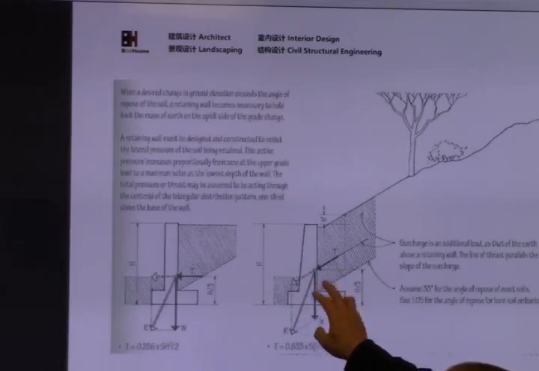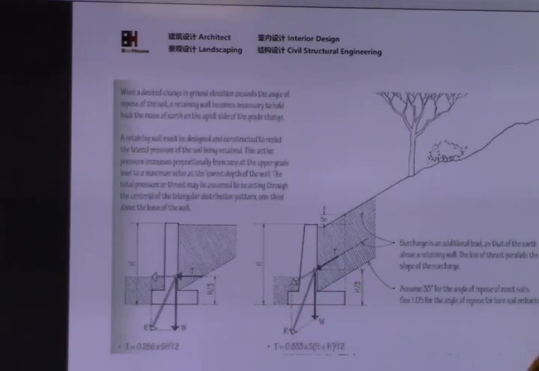So this wall will be turned at this point. But this retaining wall has the weight, so we will get the balance. That's the way we design the retaining wall.